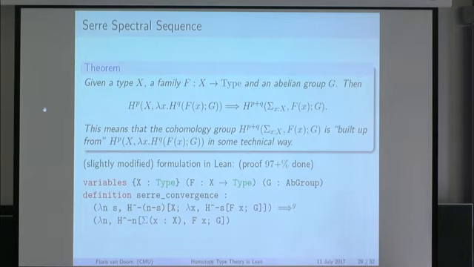And so indeed this looks like this, which is almost the same formulation, except that there's some reindexing going on. And as I said, the proof is not really almost done.